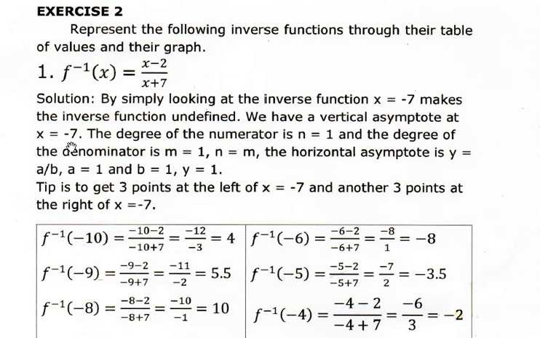Take note, if it is a rational function, we may have vertical asymptotes and a horizontal asymptote. Now let's also get the horizontal asymptote. We are done with getting the vertical asymptote.